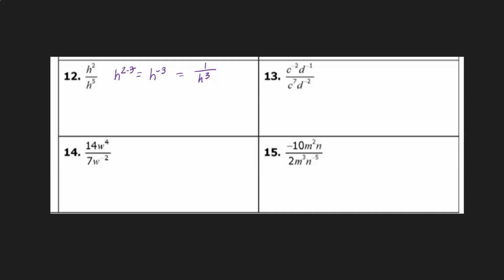Let me check these negative signs here. This is a negative, this is, and so is that. So I have c to the negative 2 minus 7 power, d to the negative 1 minus 2 power, which gives me c to the negative 9th, d to the negative 3rd, which is 1 over c to the 9th, d to the 3rd.